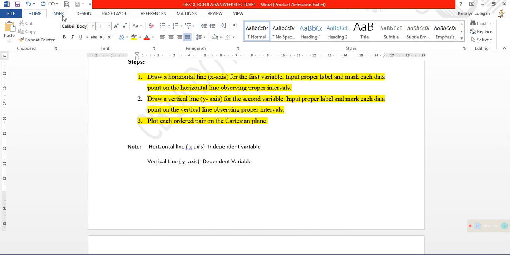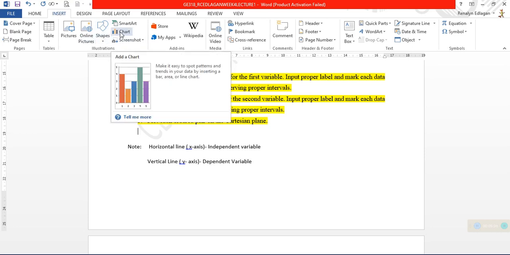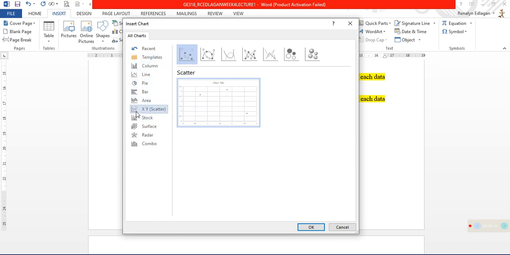Let's go to the Insert tab. Please look at my cursor. So, Insert. And then you will see there, under the Illustrations group, Chart. So, let's click Chart. And then from here, we can immediately see from the choices, the XY scatter. That's the one with many dots.